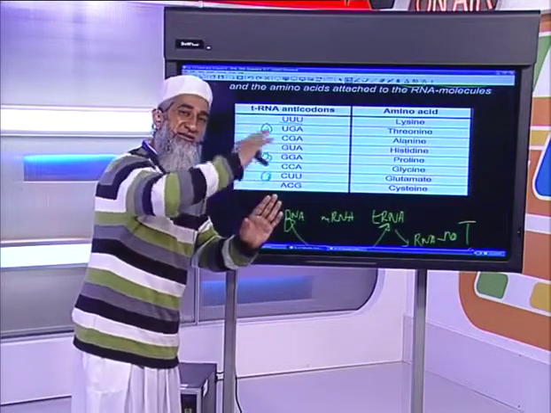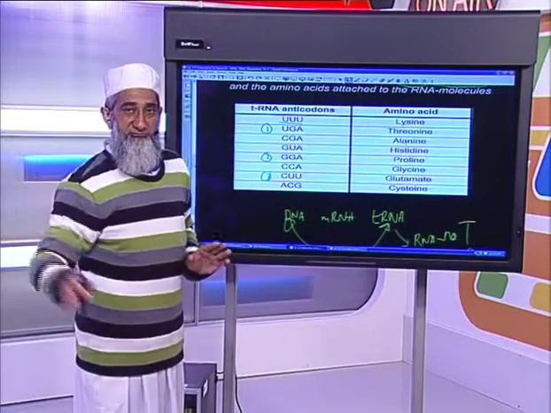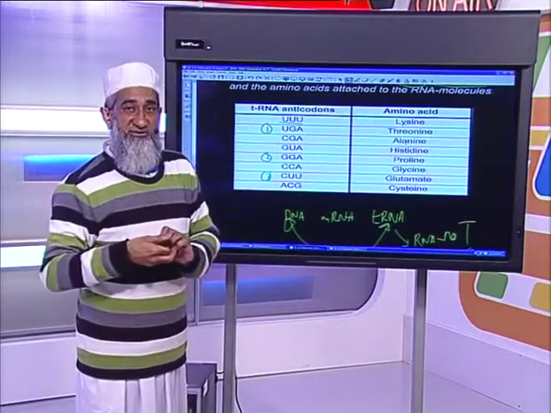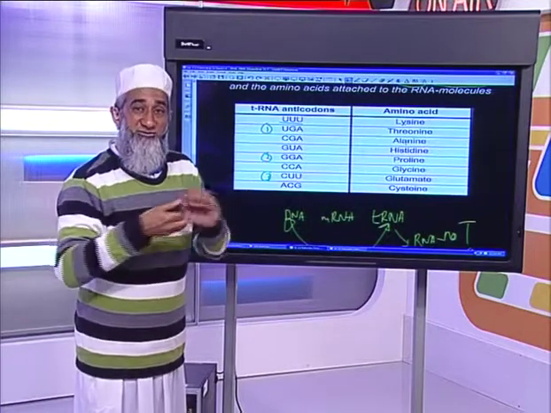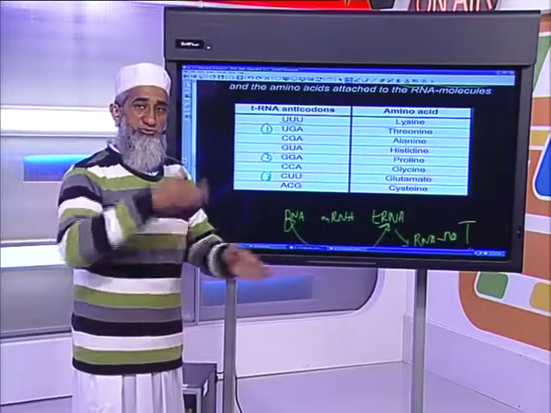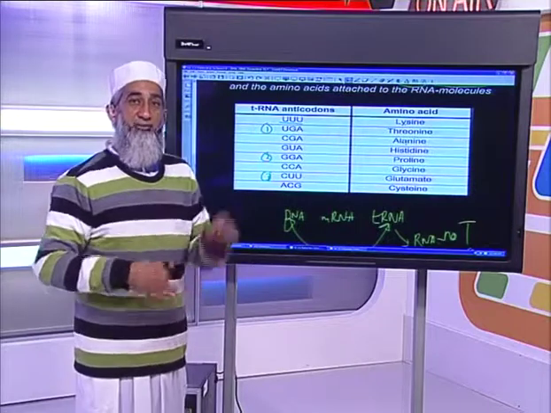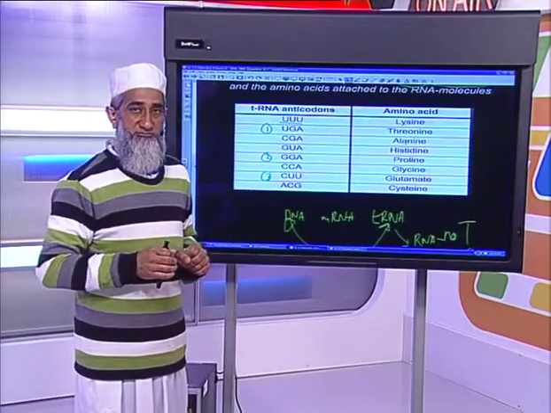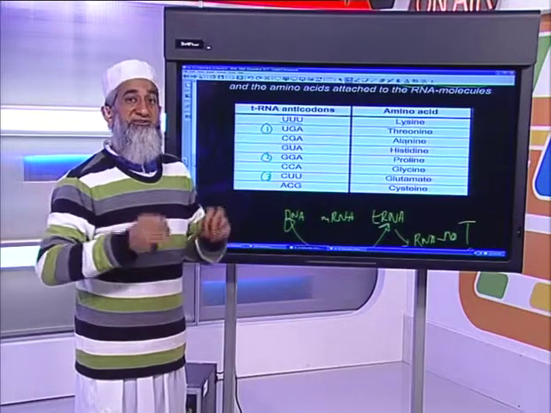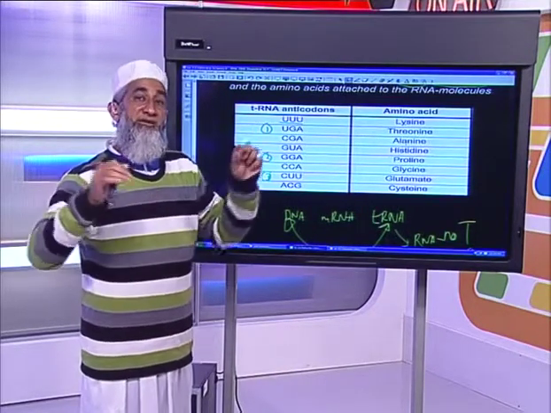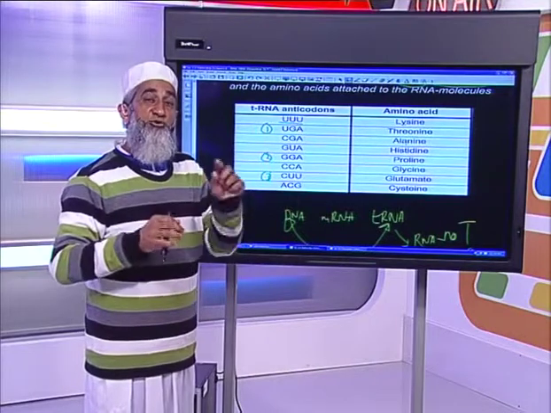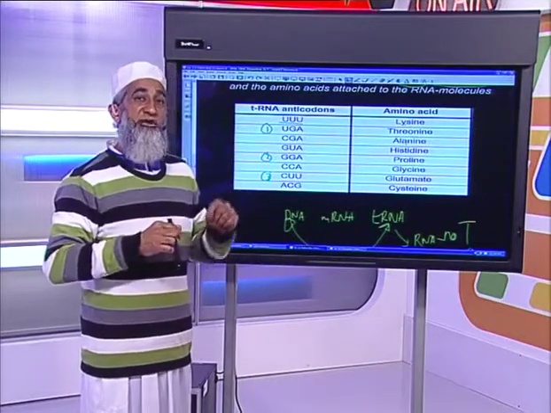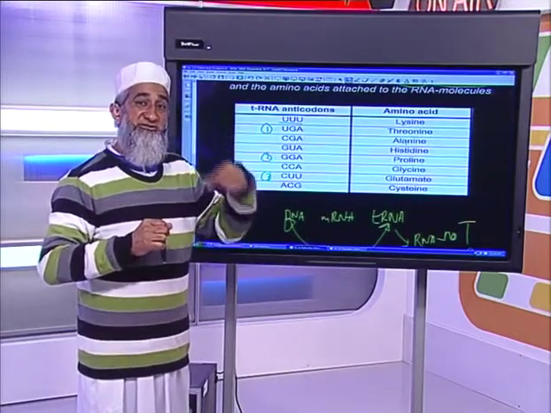Immediately it leaves the amino acid there and goes away. But the amino acids are next to each other, and they make bonds between each other: 1 with 2, 2 with 3, and so on. The bond between 2 amino acids is called a peptide bond. This bond is created when the amino acids together lose 1 molecule of water, known as condensation or dehydration synthesis.